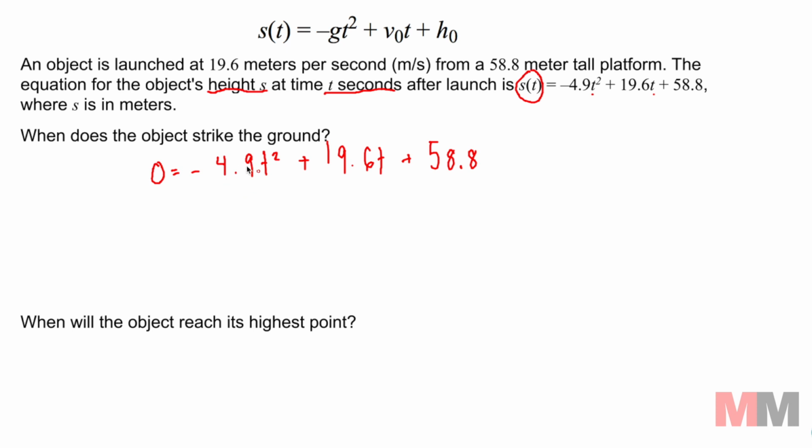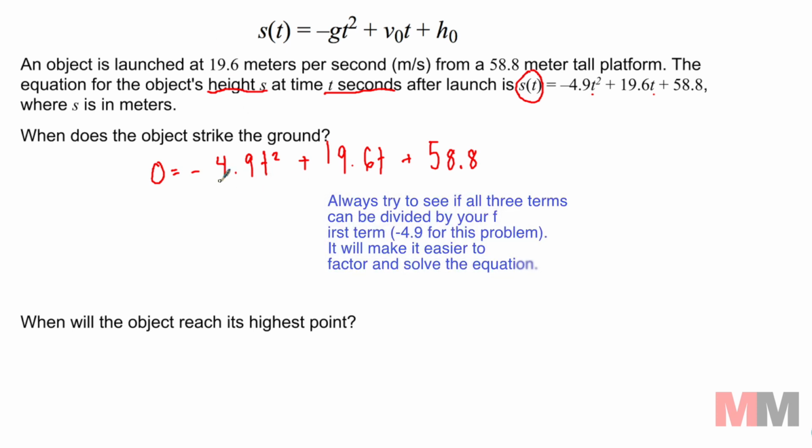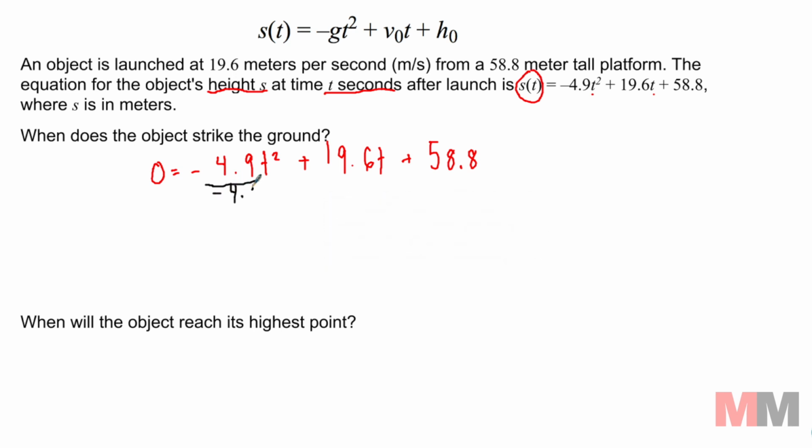Sometimes it seems like it's not factorable, but you can actually factor this by taking out a negative 4.9 to begin with. That is the greatest common factor of all these three coefficients right here. So let's take out a negative 4.9 by just dividing each one by negative 4.9 and factoring that GCF on the outside. 0 equals negative 4.9 on the outside.